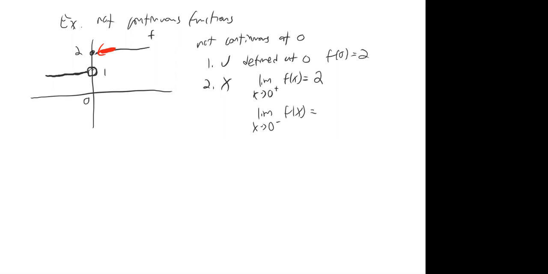Well, it's 1. So the limit doesn't exist. And the third part automatically fails if the second fails, because the third part says the limit is f of a, but the limit doesn't exist. So yeah.